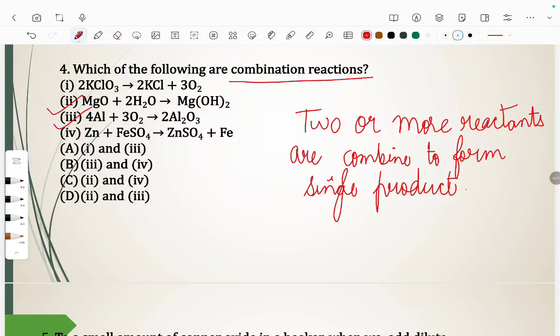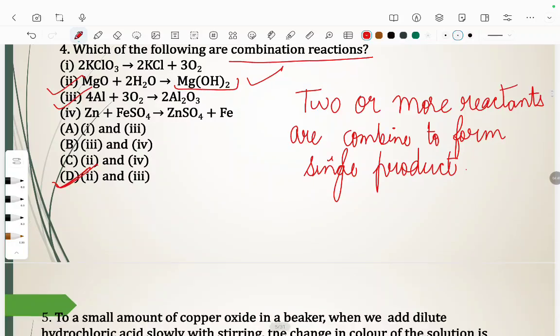Magnesium oxide and water, when they react with each other, give magnesium hydroxide, a single product. In case of aluminium and oxygen, when they react together, we get aluminium oxide. So second and third are correct. So overall, D option is our correct answer.